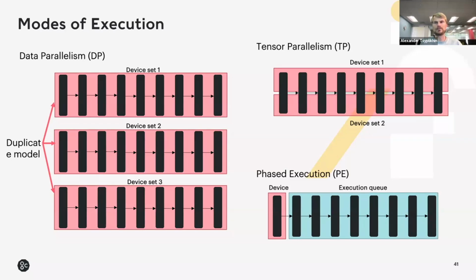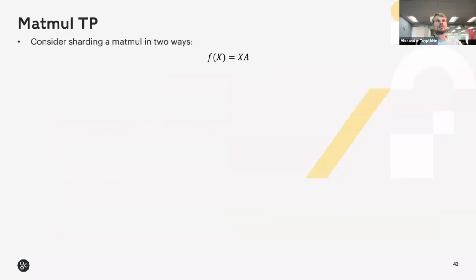In terms of the tensor parallel operations, it is helpful to distribute matrix multiplications across multiple devices, multiple IPUs in this case.